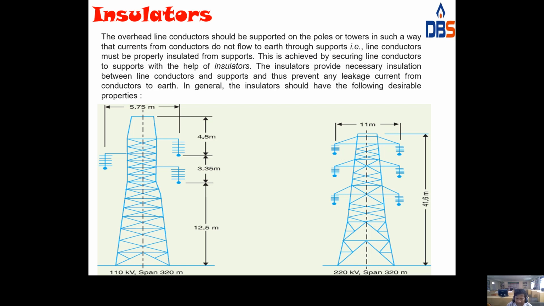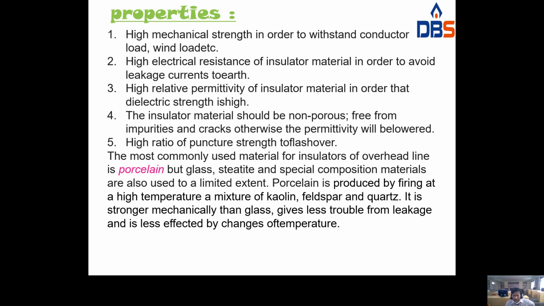For 110 kV, the distance is 5.75 meters. Conductors to insulators 4.5, insulator to insulator 3.35 meters. Like that, we have to provide some spacing between the conductors and insulators, and conductors and earth also. So these are the properties of insulators.